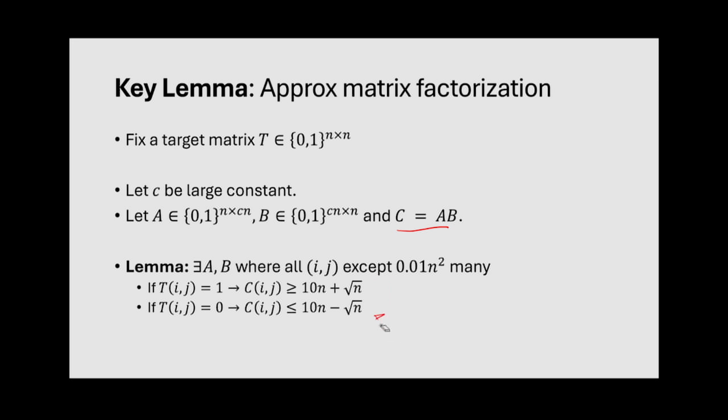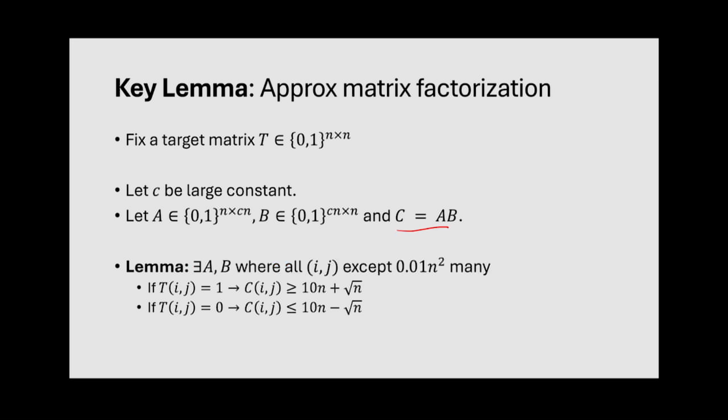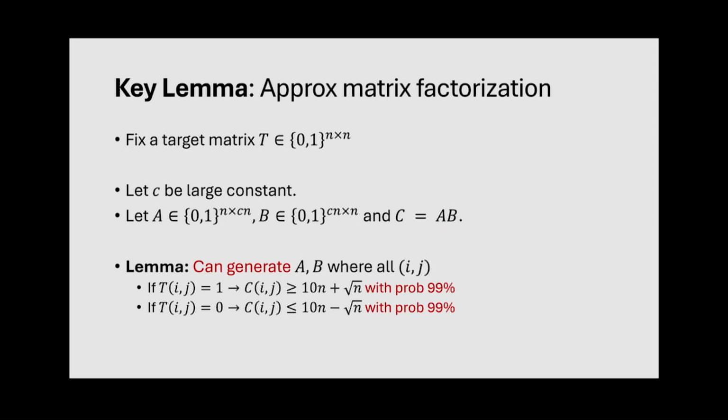Okay. Right. And what we're going to do is something that implies this, which is I will define some random process such that I define A and B randomly. And actually for every entry, we get this with 99%.